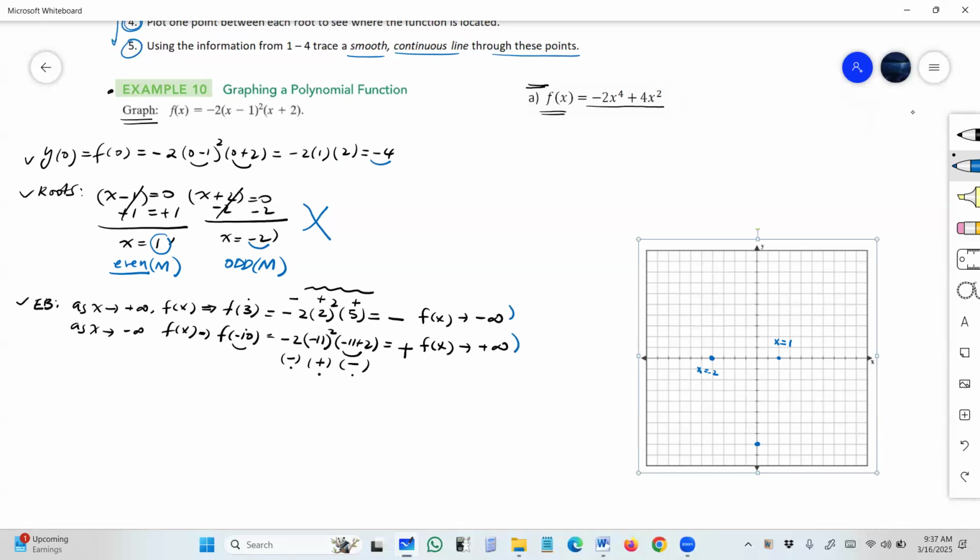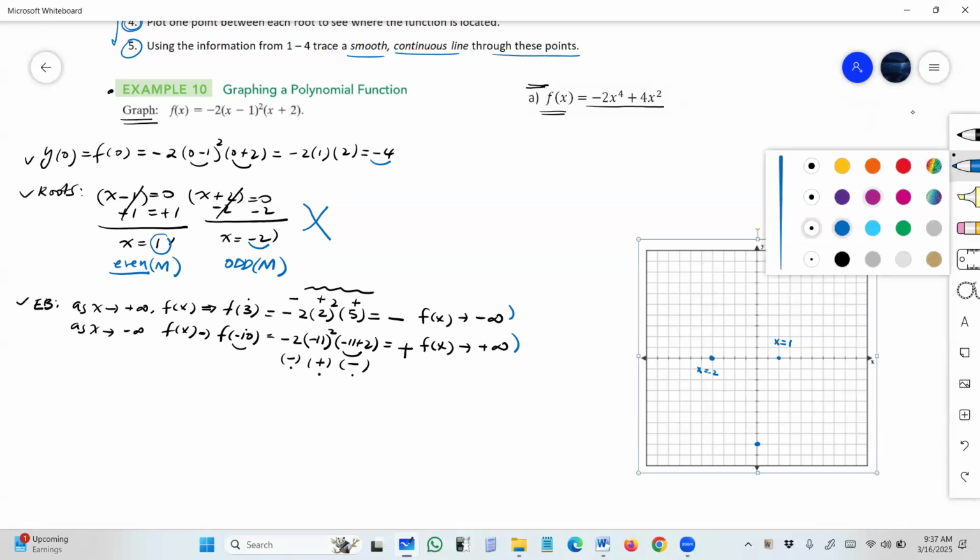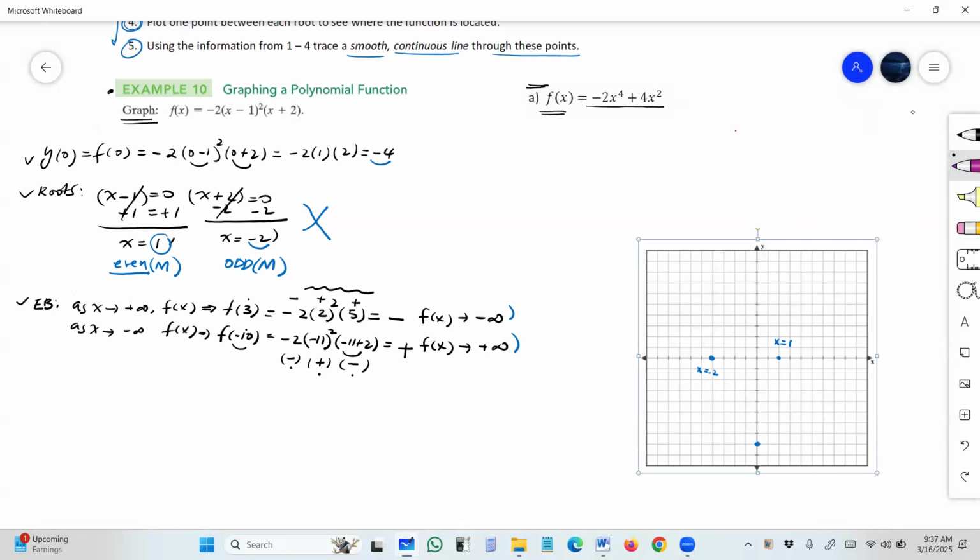Let's take a look at the end behavior. The end behavior is the behavior of the function after or outside of the last root. So this is the end behavior after here, and here's my last root. So as x goes to positive infinity, the function goes down.